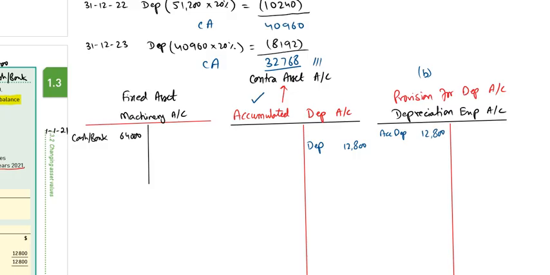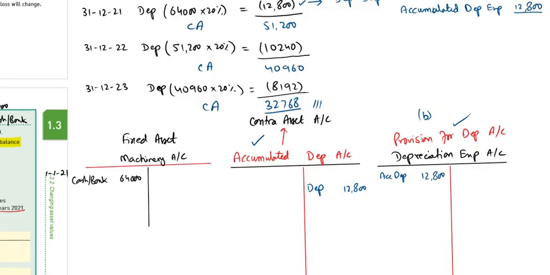We can skip this, although we don't have any need to prepare it, but in later advanced questions we need to open this account too. This account will help us to cater the difficult questions related to fixed assets. So from the start, I want you to learn this account too, with the depreciation expense account.